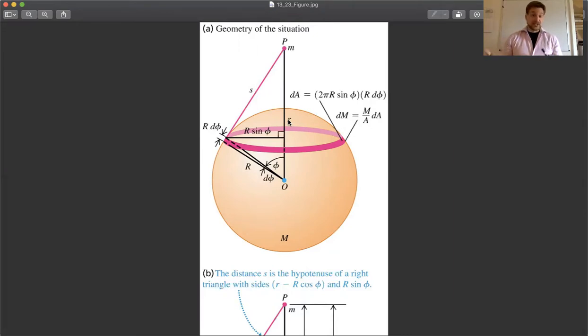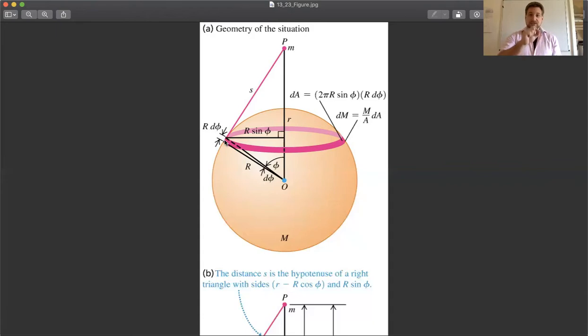So okay, what can change? Phi, the angle, and s. We're going to do Riemann things with rings of mass, this pink highlighted deal here. A ring of mass that is all lowercase s away from point P. Imagine this little chunk of mass right here on the edge of the sphere.